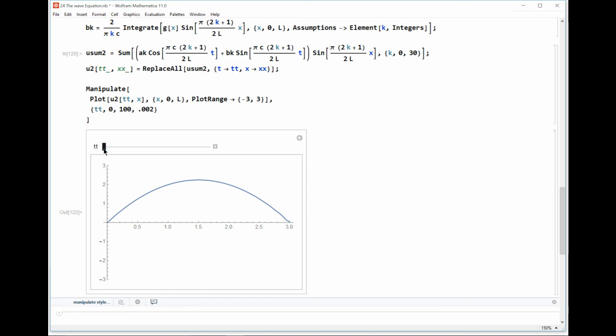If I let t slowly move, we can see that the oscillations are a lot different than the oscillations we observed in the first case. So this is the consequence of the other end being completely free to slide up and down.